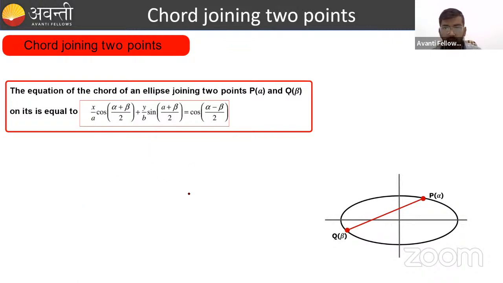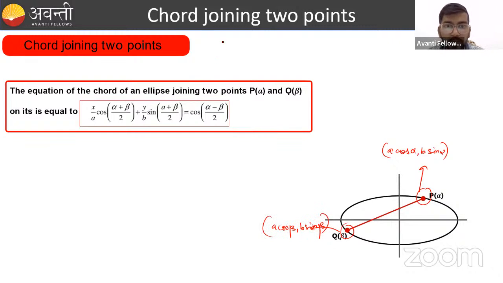Now here, do you know what is the parametric coordinate of an ellipse? So this point, let's say P is a cos alpha comma b sin alpha, and this is a cos beta comma b sin beta. Okay.